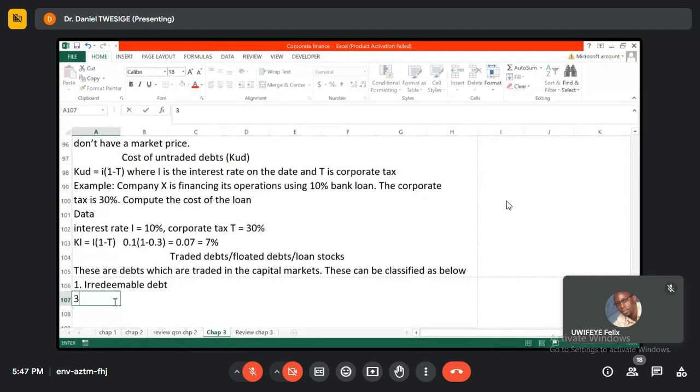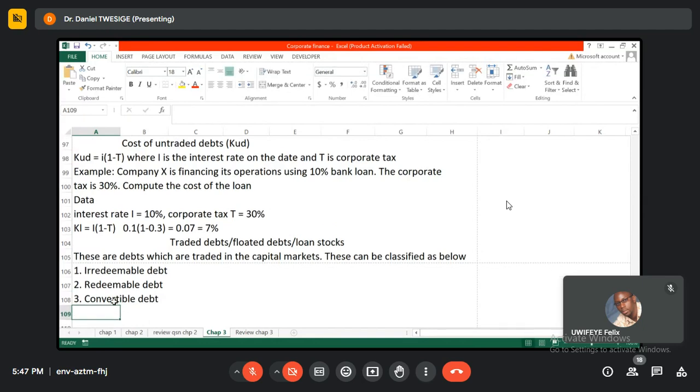Then number 2, redeemable debt, sometimes called redeemable loan stock. Number 3, we have convertible debt, and sometimes you can have a zero coupon.